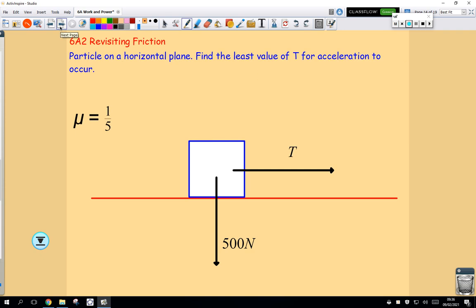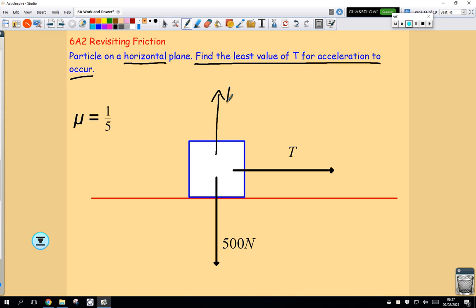Suppose I want to find the least value of T for acceleration to occur within this system. Again, same system, we've got a particle on a horizontal plane. Again, the up force is going to equal the down forces. The only upward force is that contact force between the plane and the particle, the force on the particle by the plane.